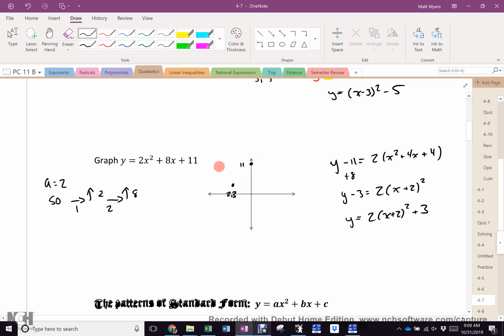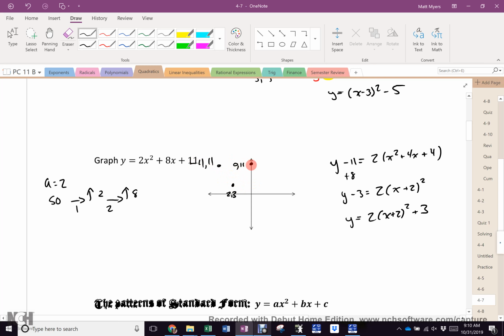So what's my next point over here? If that's 0, 11, what's this guy? Negative 4, 11, because I've gone over 2 spaces, yeah? Do I even need to care about these middle points? Or do I know I've graphed it right?